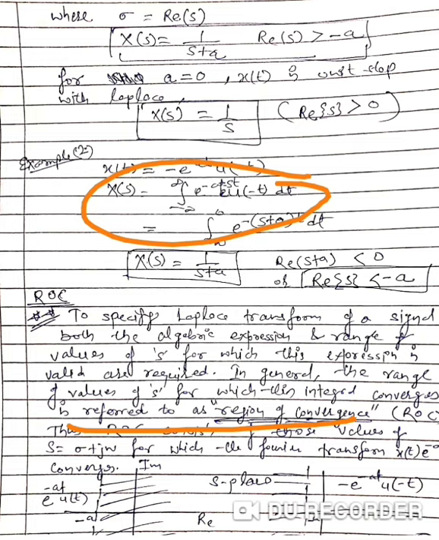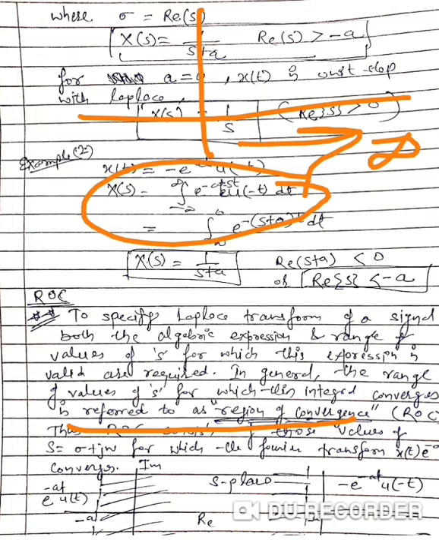As time approaches infinity, our signal must not approach infinity. It must be a bounded signal, a finite value, or it must converge to 0. So it can be explained by the region of convergence.